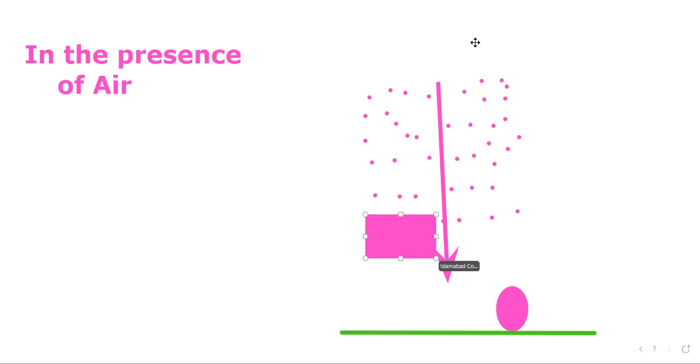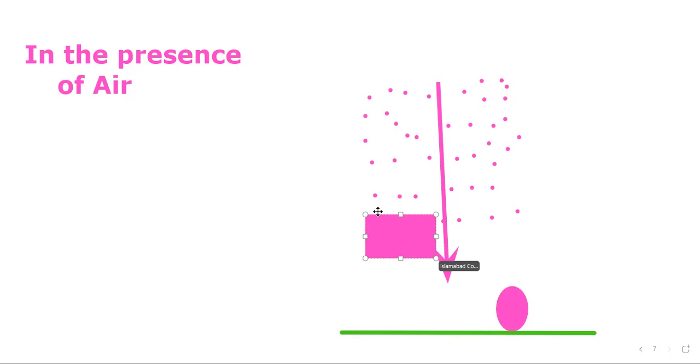The reason is that the surface area of the sphere is less and the surface area of this cuboid is large. This cuboid has a large face in contact with the air resistance, whereas the sphere has a small region in front of the air and experiences less friction force.